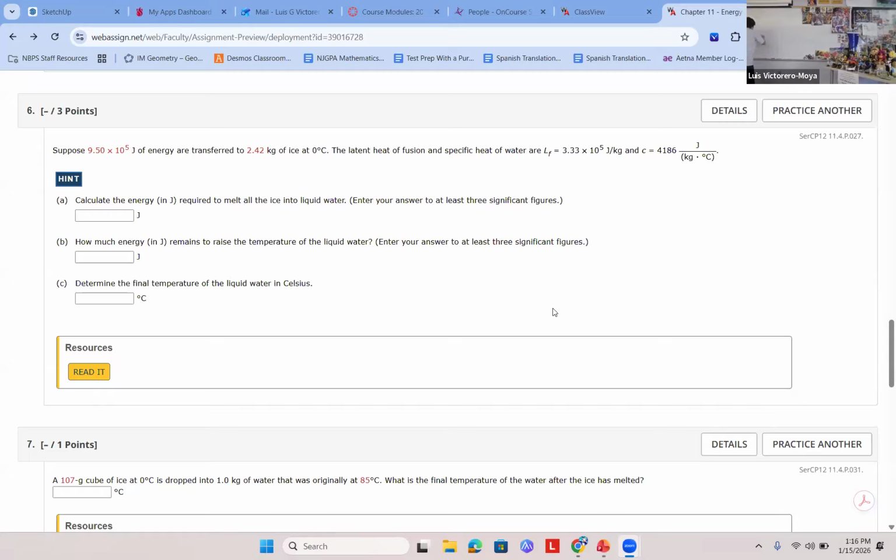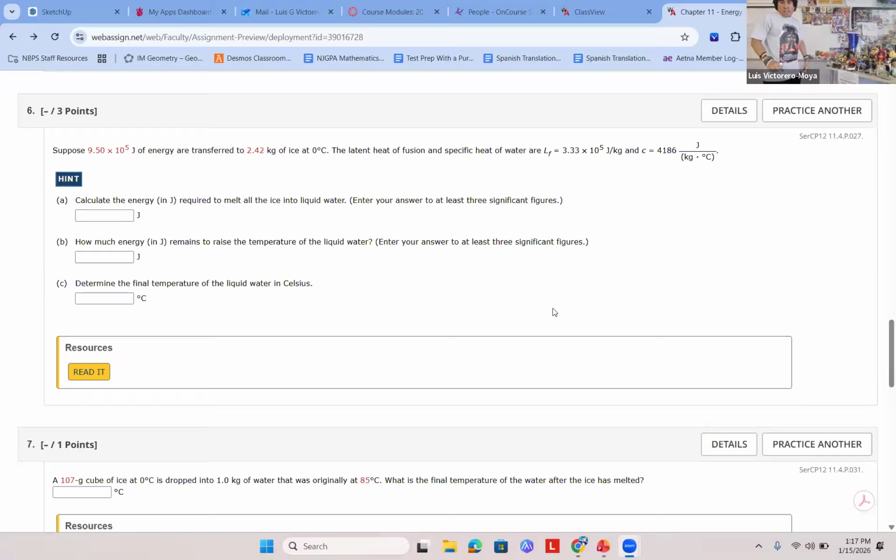So for the phase change, this is problem 6. Latent heat, Q_L, equals m L_F in this case. Mass times the latent heat of fusion, right?